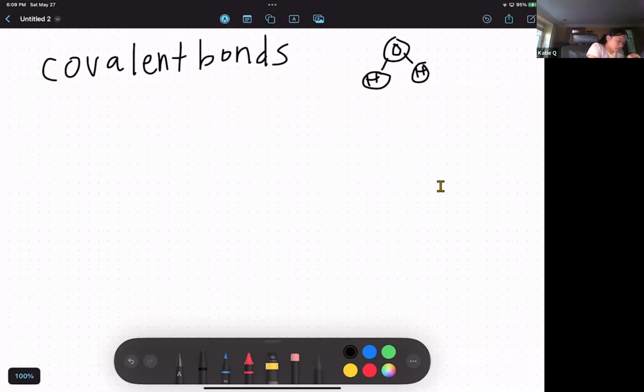And then there are polymers, as I mentioned earlier. These are created by monomers linked by covalent bonds, and in this case they're called polypeptides.